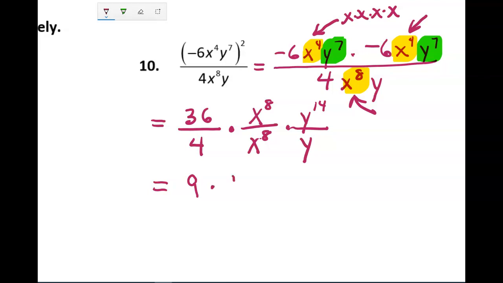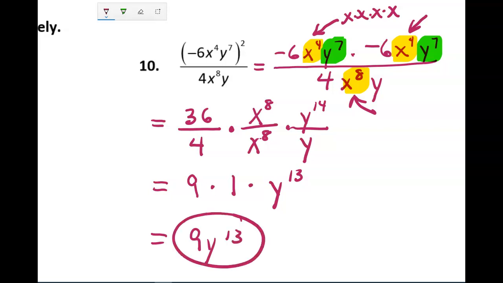X to the 8th over x to the 8th is just 1. And y to the 14th, which is y written out times itself with 14 factors, divided by 1 factor, means that we undo one of those multiplications. So now we have 9y to the 13th.